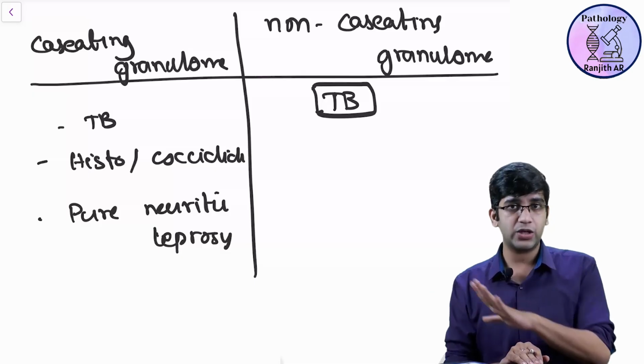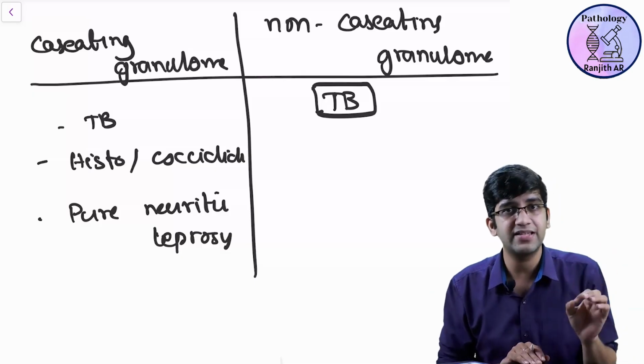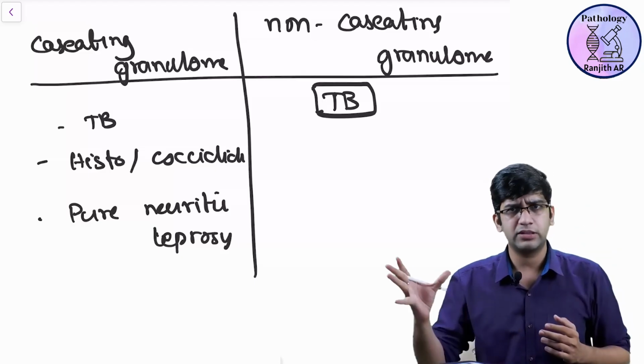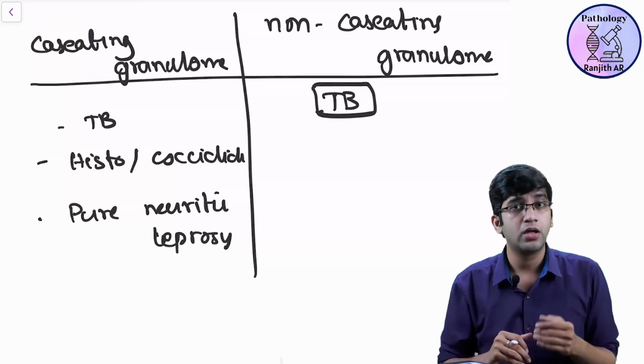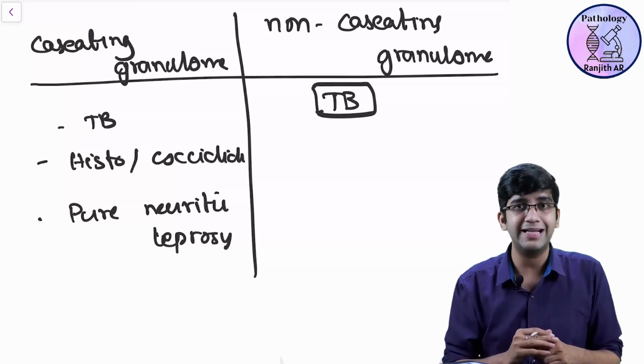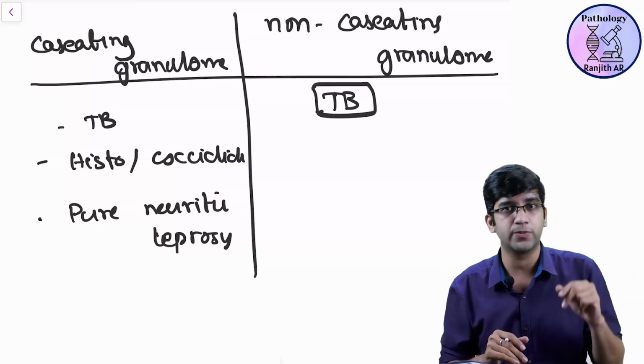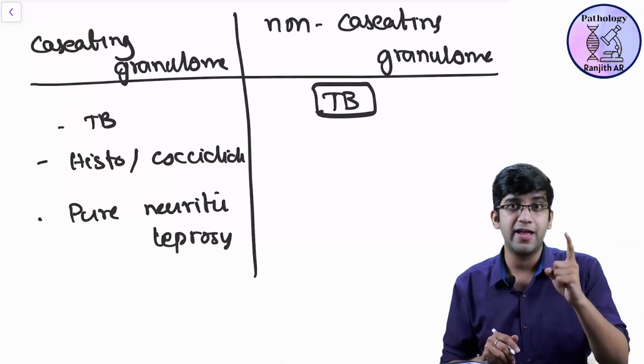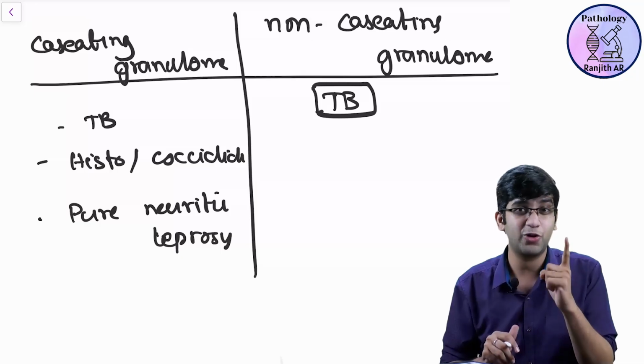So TB, whether necrotizing or non-necrotizing, depends on the immune system of the individual. Powerful immune system kills the TB and has necrosis in the center. Not so powerful, the TB will not be dead, no necrosis. That's why TB has both. Always first choice should be tuberculosis, never forget. If you make a mistake, I'll definitely come to the exam hall and kick you.